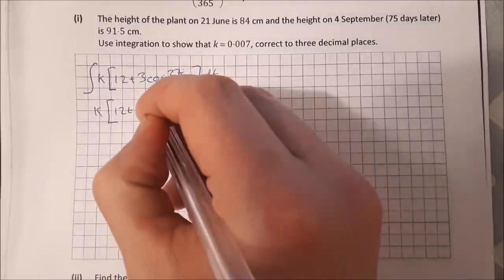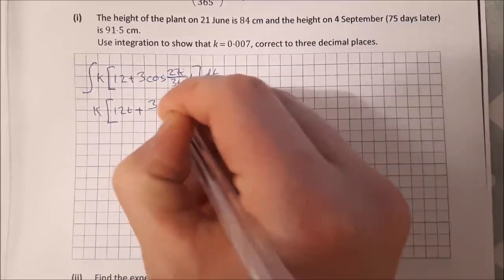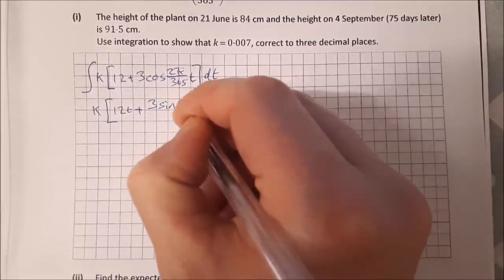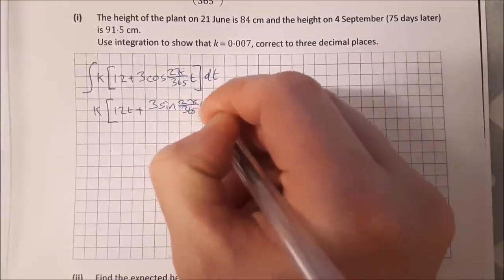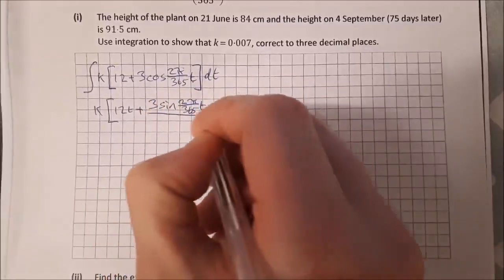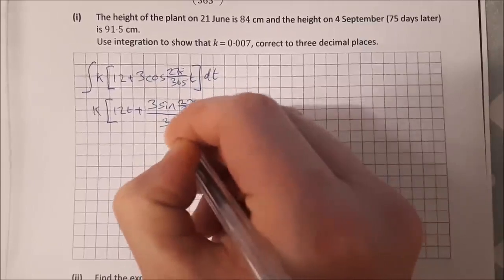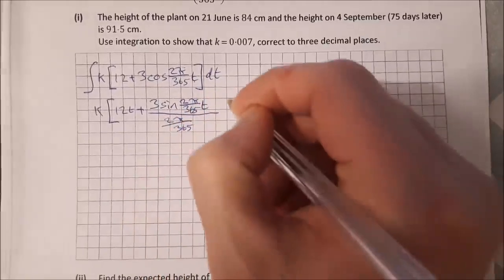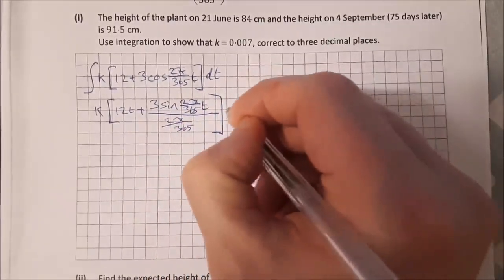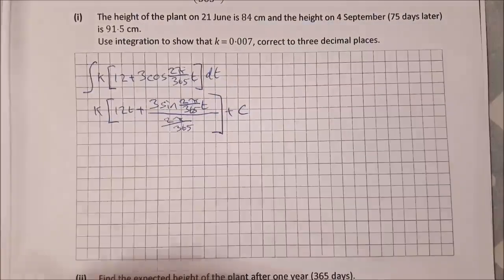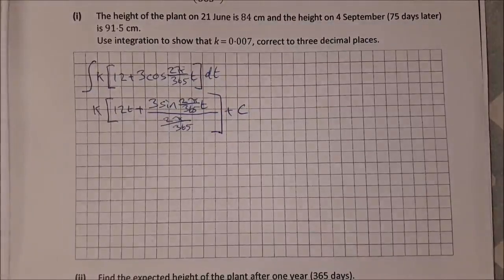So that'll be 3 sine 2 pi over 365 t, all divided by 2 pi over 365. And then, of course, because it's integration, we have our constant of integration plus c.